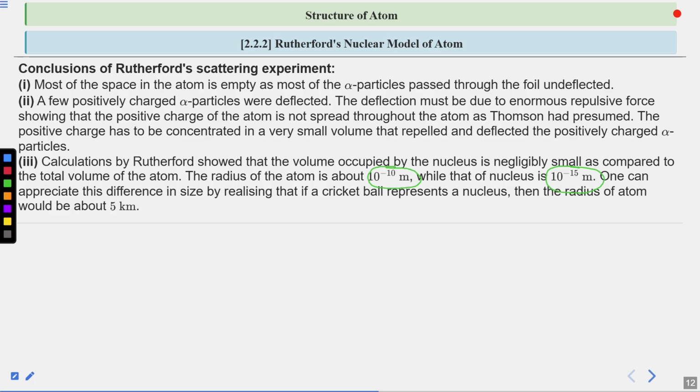So you can think of this as a cricket ball placed in the center of a stadium which is about 5 kilometers in radius. That much small is the nucleus compared to the total volume of the atom. And that is the reason we are seeing only a very small amount of total deflection. Got it? So these are the conclusions of the Rutherford nuclear model of the atom.